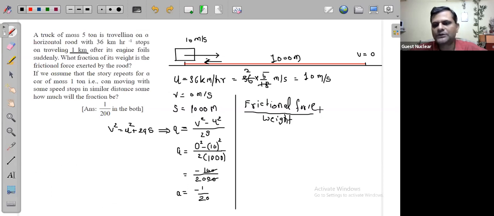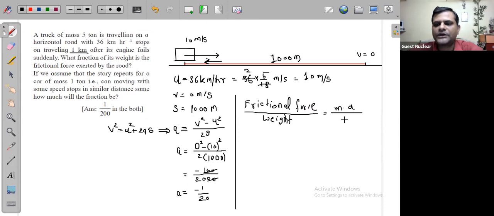So in order to find out the ratio of frictional force to the weight, we'll find the formula for frictional force. What is the formula for frictional force? Since the acceleration due to friction is obtained here to be a, which is minus 1 by 20, the frictional force is the mass of the body multiplied by the acceleration due to frictional force.